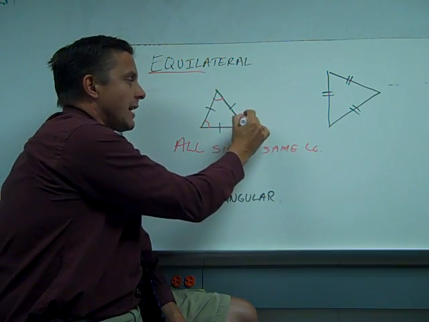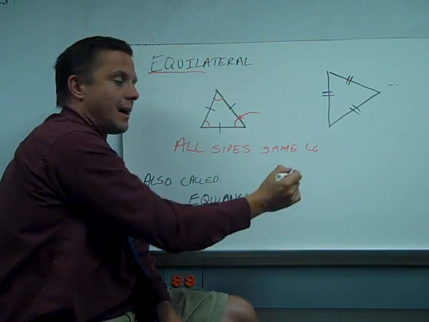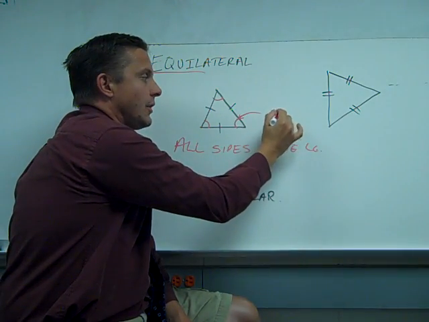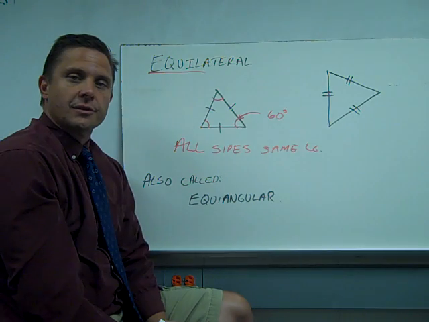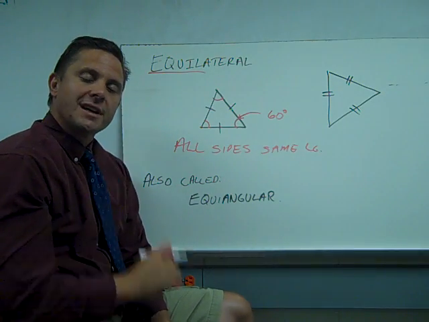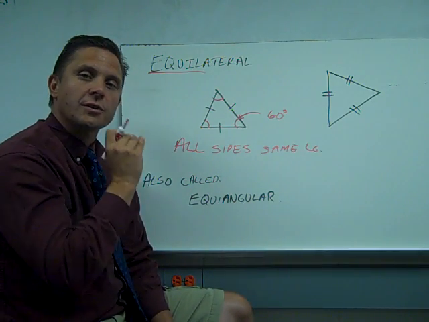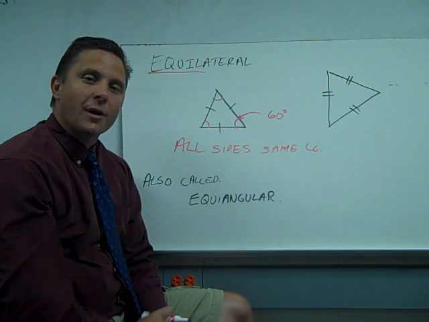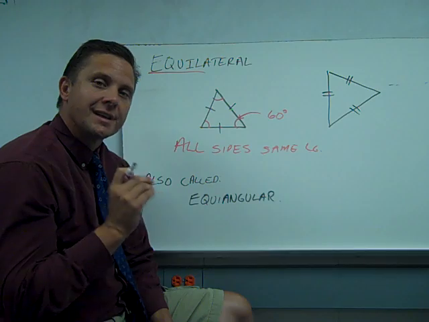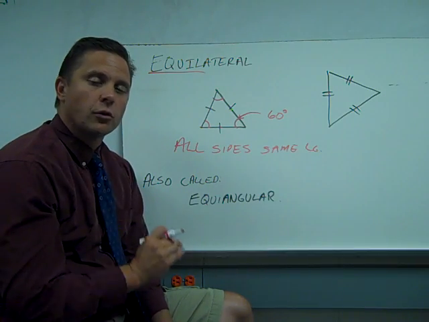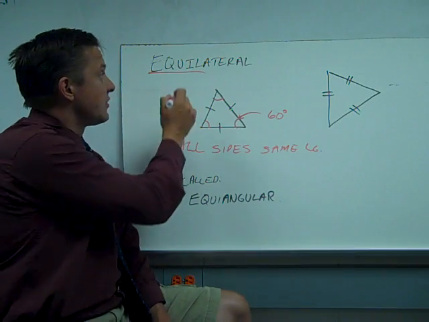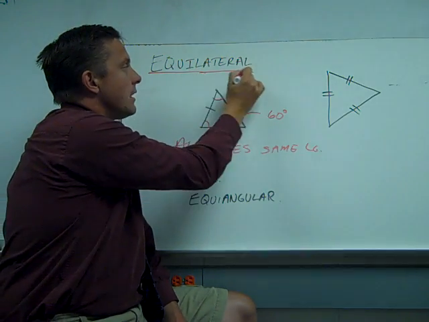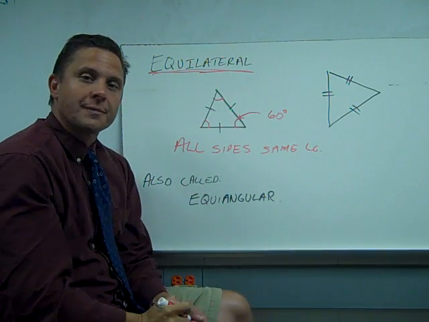We actually know in an equilateral triangle, 180 divided by 3, that each of the angles is equivalent to 60 degrees. And this is the one case where we don't have to say acute equilateral. When we have an equilateral triangle, we know it has to be acute. You cannot have a right equilateral or an obtuse equilateral. So we just identify it by the one word, equilateral.